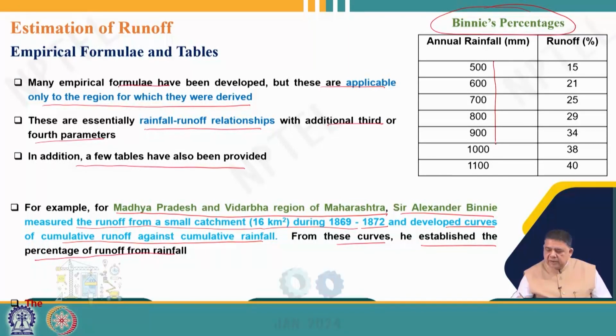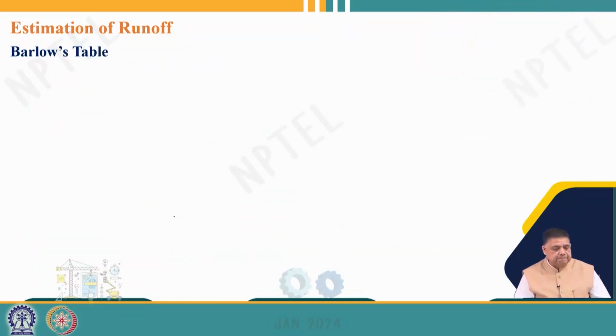Based on the annual rainfall, we know what percentage will be converted into runoff. So in the Vidarbha region, where the rainfall is usually in the tune of 500 to 600 mm in a year, only 15 to 20% of the rainfall will be converted into runoff as per Binney's percent. But as we have seen, this is only applicable for Madhya Pradesh and Vidarbha region.